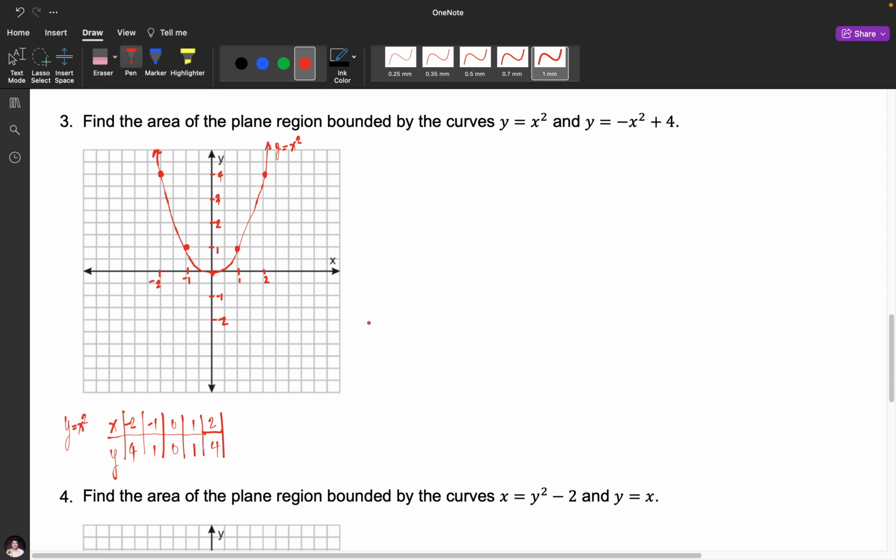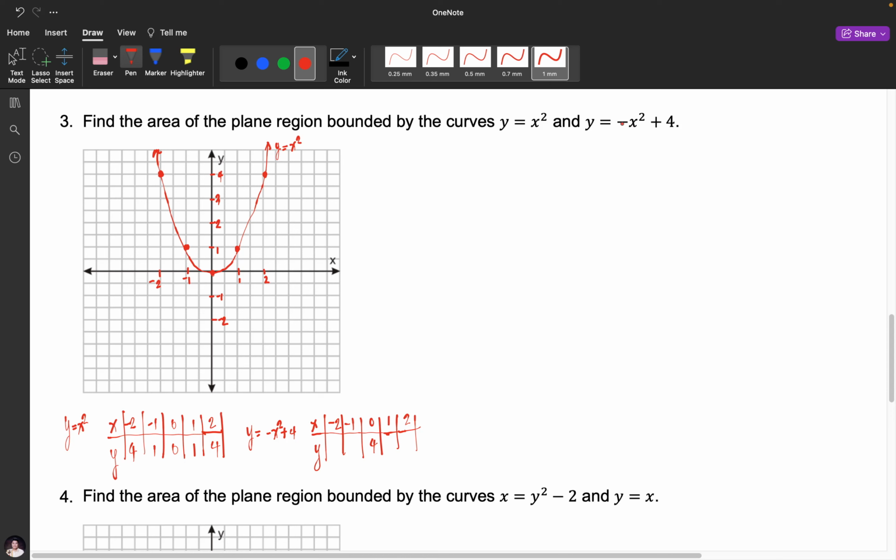Now, for the other curve, we have y equal to negative x squared plus 4. So this is again a parabola with vertex at 0, 4. So we have 1, 2, negative 1, negative 2. So negative 2 squared is 4.